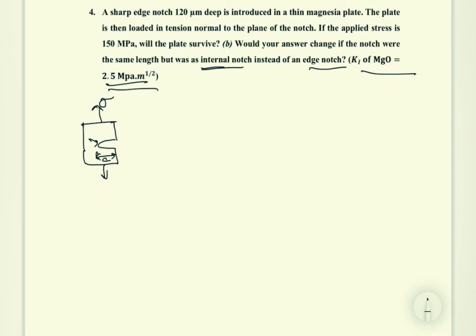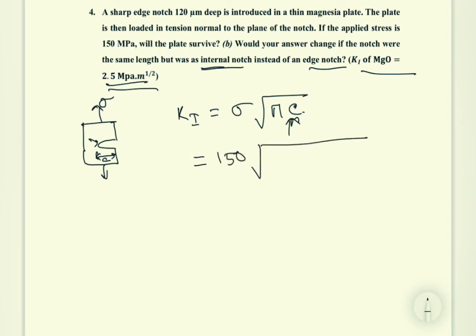So let us do that. What is the stress intensity at the crack tip? It is given by sigma, the stress applied, root over pi C. This C is actually the effective crack length. So 150 into root over 3.14 into 120 into 10 to the power minus 6.